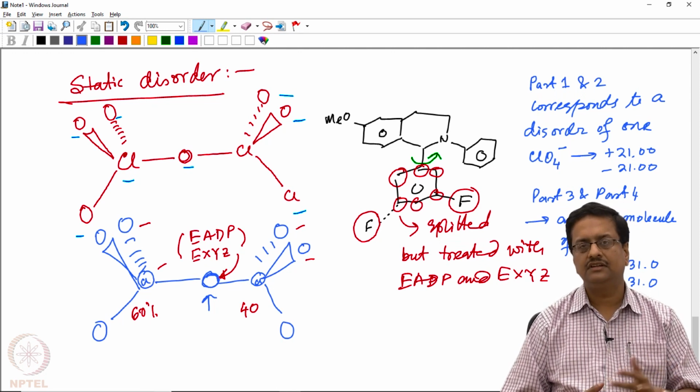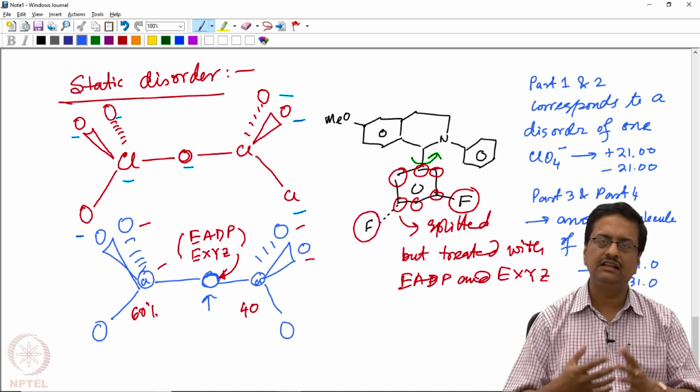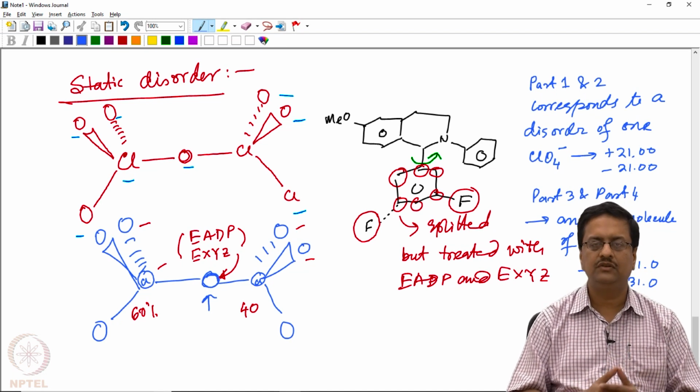Even with the data, if it is not of good quality, it may not be possible to treat that disorder suitably to reach a lower R factor.